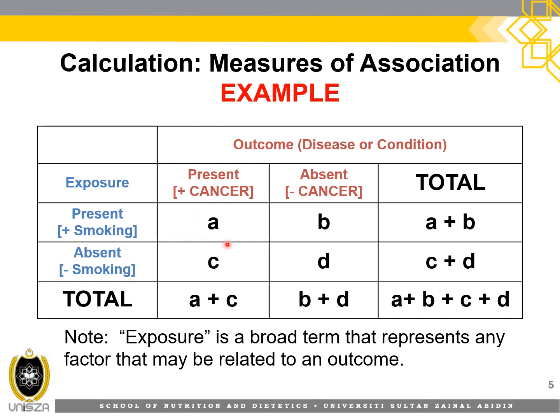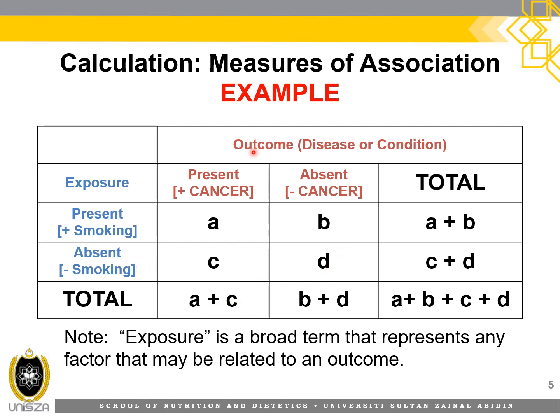So A is the total number of cancer cases who are smokers, while B is non-cancer or healthy controls who are smokers. C is the number of cancer cases who are non-smokers, while D is healthy controls who are non-smokers.